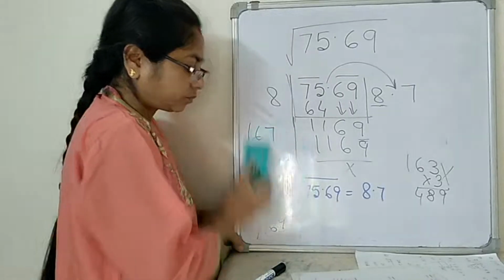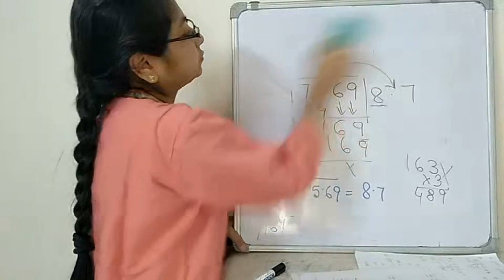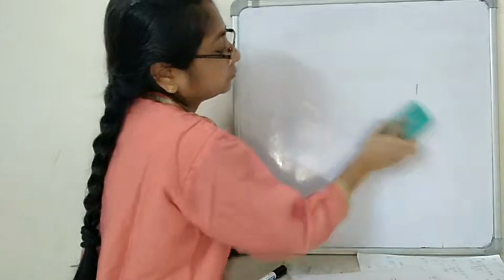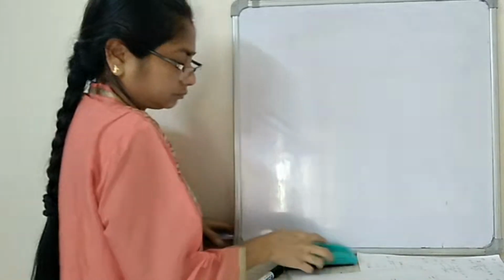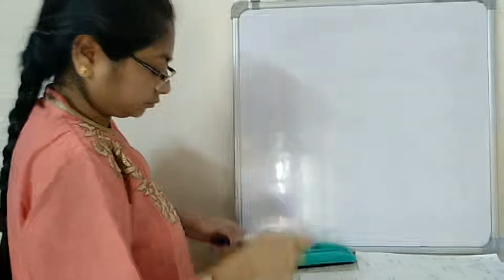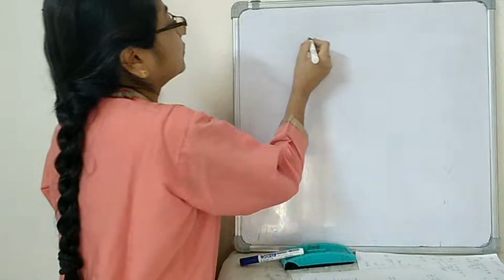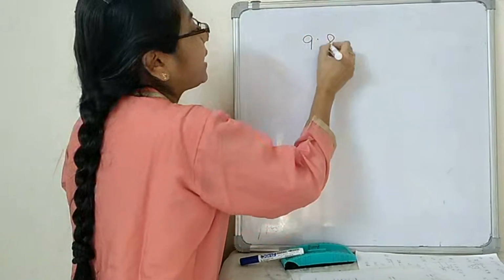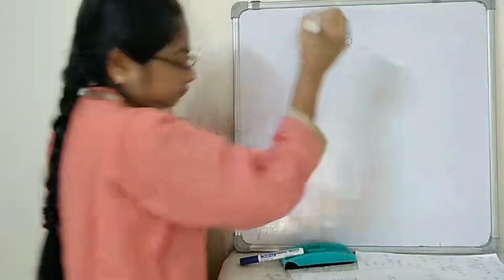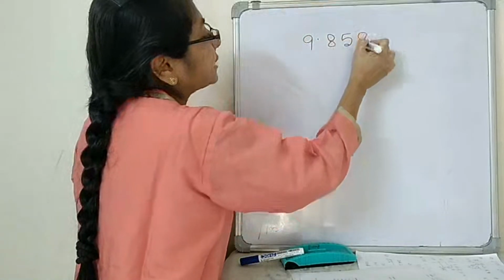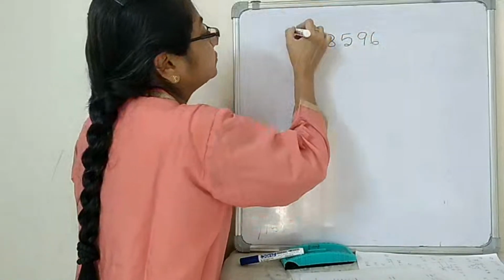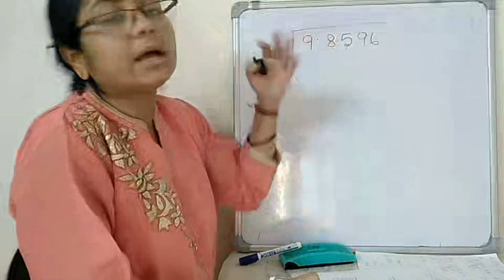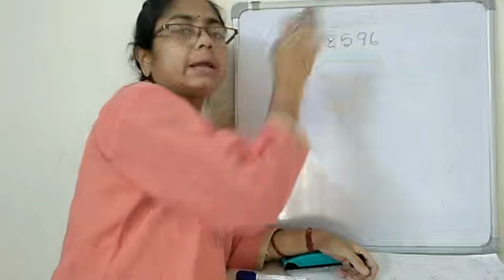Now I rub it. Next math. 9.8596. Look, in the previous one, what I was doing, after the decimal there were 2 digits.